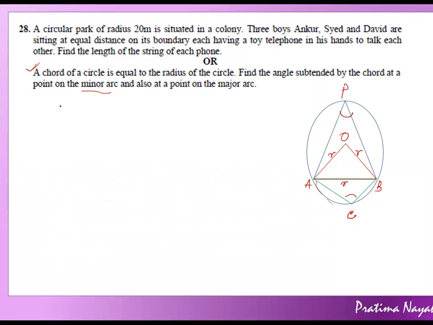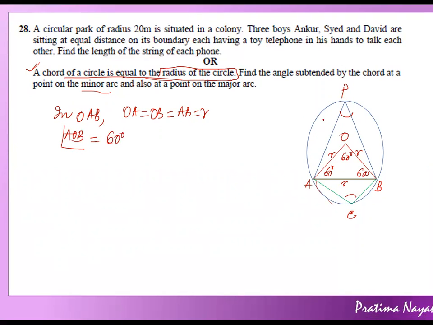Now here I'll apply the properties of the triangle. In triangle OAB, OA is equal to OB is equal to AB. All are equal to radius, because it is given that the chord is equal to the length of the radius of the circle. So all are equal. So when all are equal, each angle will be how much? It will be 60 degrees, 60 degrees, 60 degrees. So angle AOB is equal to 60 degree.